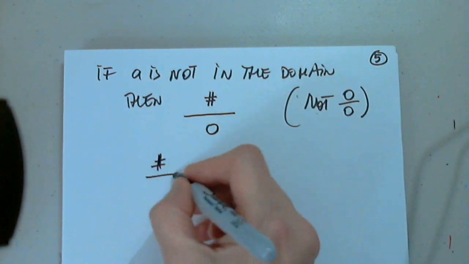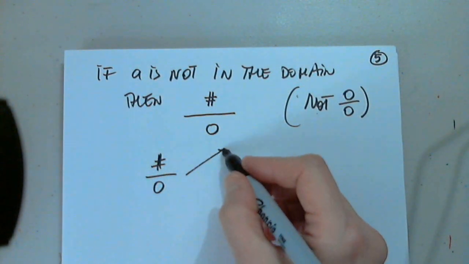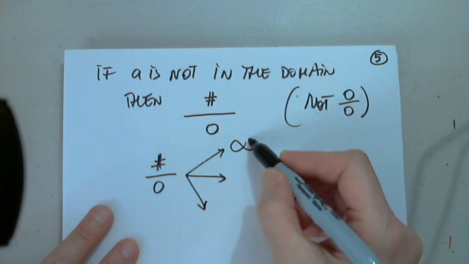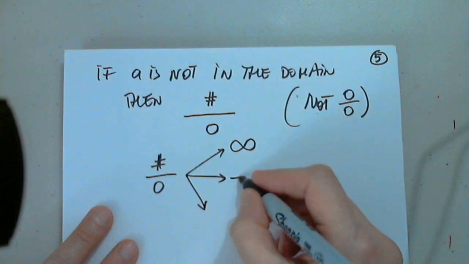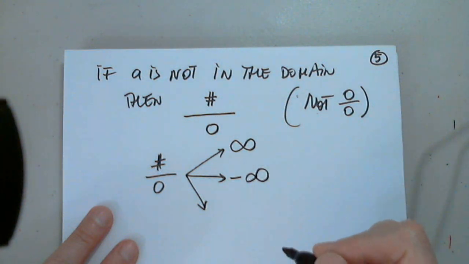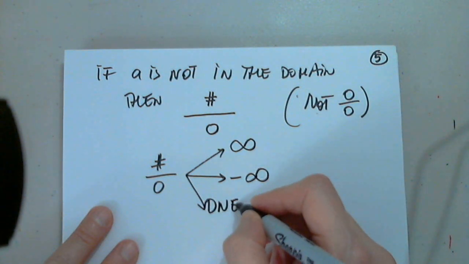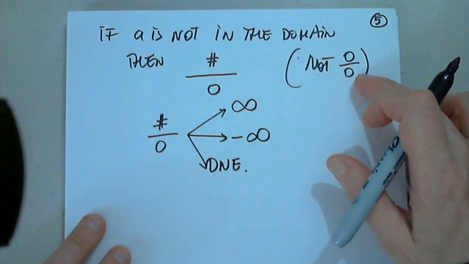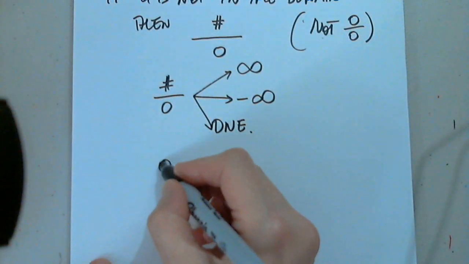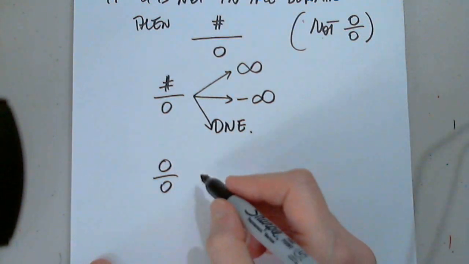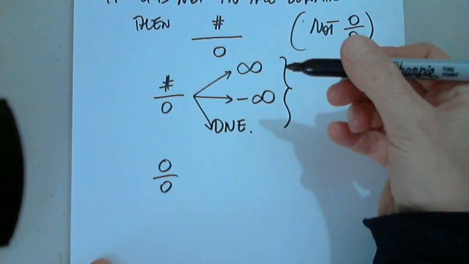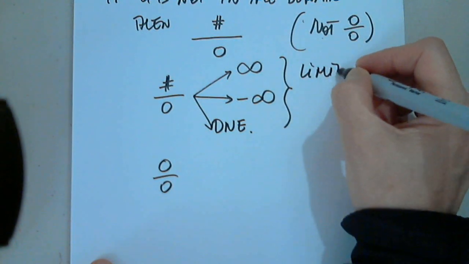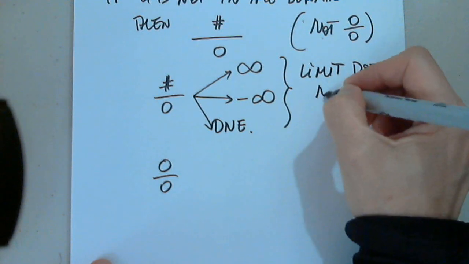A number over 0 has three possibilities: either infinity, or negative infinity, or of course DNE. If we have 0 over 0, now I'm discussing 0 over 0. As you notice, infinity, negative infinity, DNE, it means the limit does not exist.